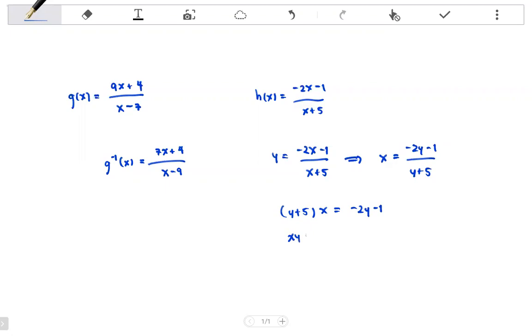So we can just multiply the x out like that, rewrite and move the y's all on one side. So we have all the y's on one side, and now we factor the y out.